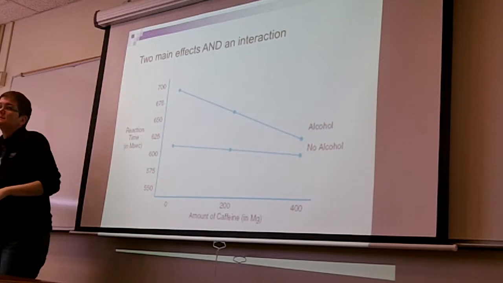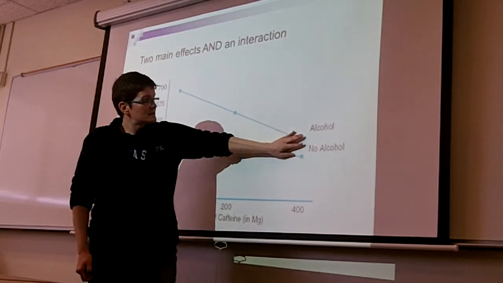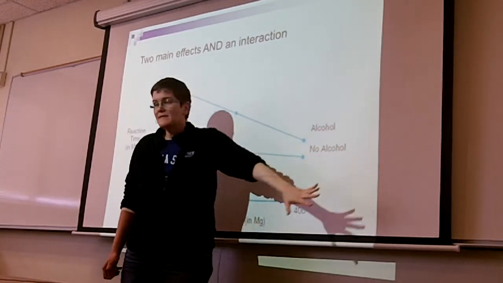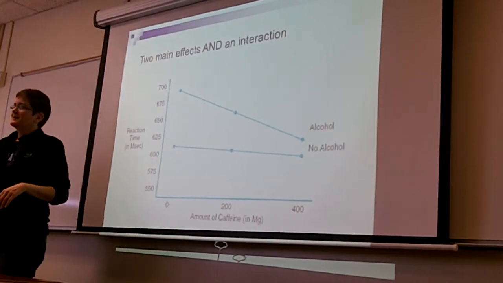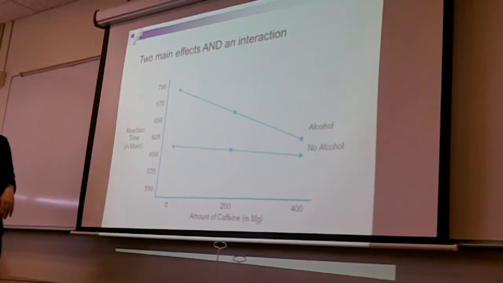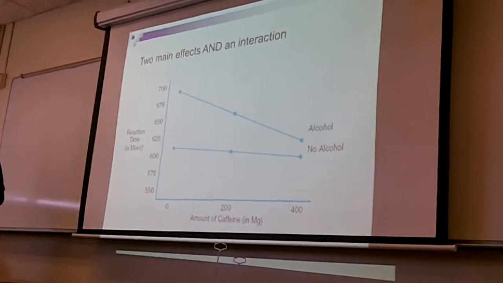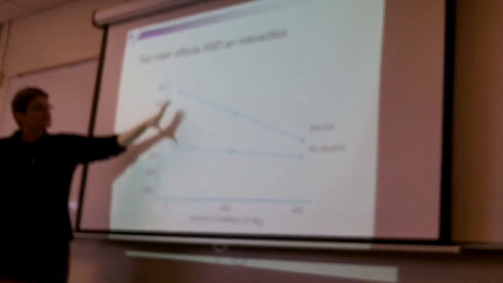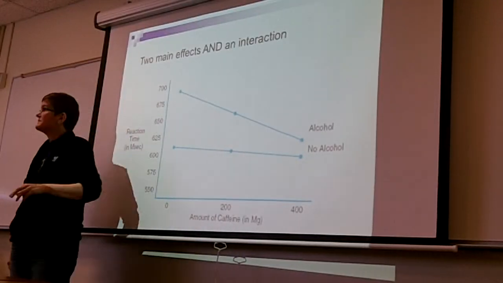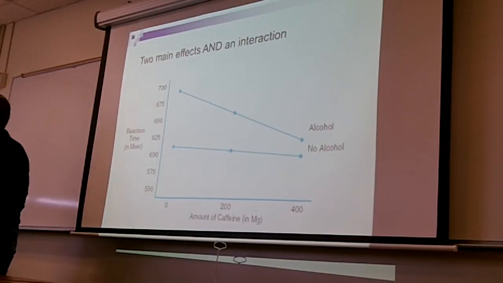And we can imagine somewhere in space, not very far out here, that they might actually converge if we went out to 600 milligrams of coffee. We might actually see a convergence that way. So the fact that these lines are not parallel makes it very clear that we have an interaction.